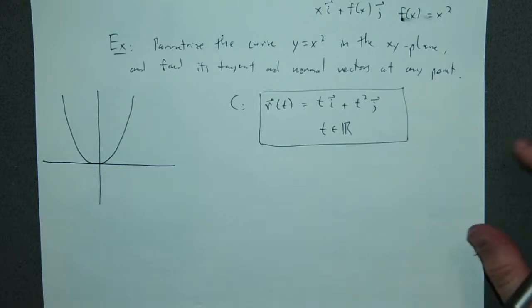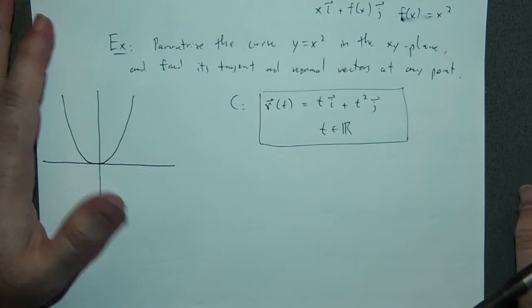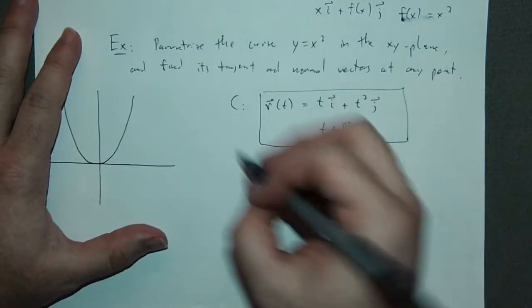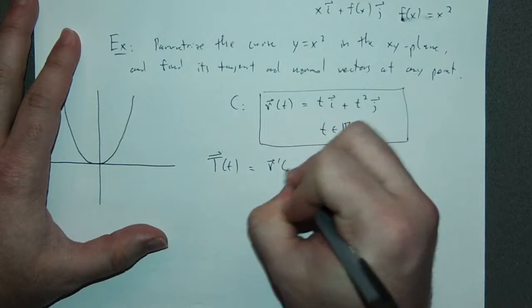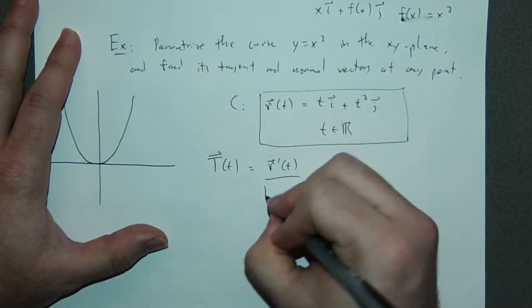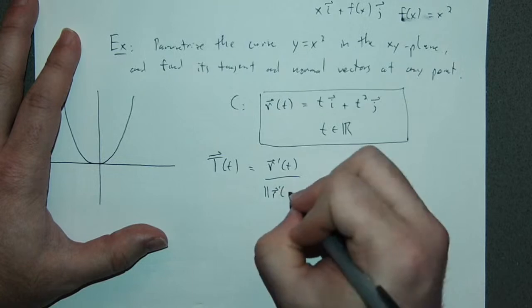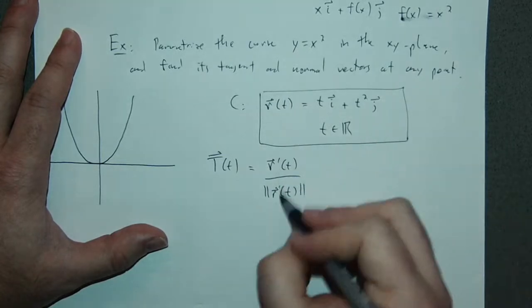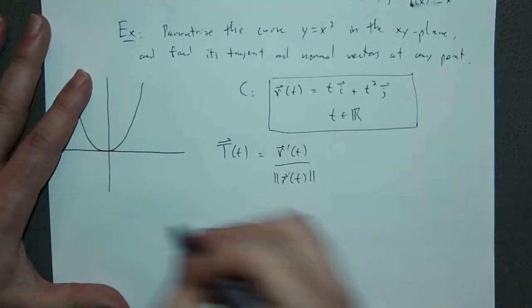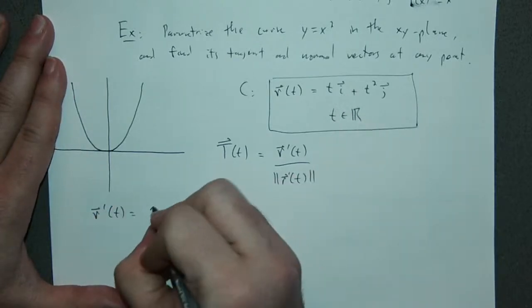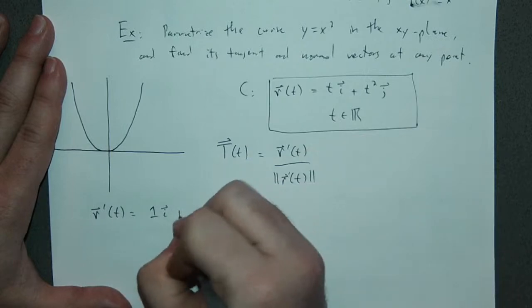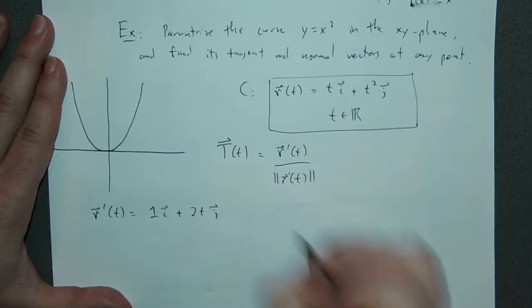So then what do I do? Let's compute the tangent vector. T of t is r prime of t over the length of r prime of t. So I need to compute these two quantities like always. So r prime of t is 1 i plus 2t j.